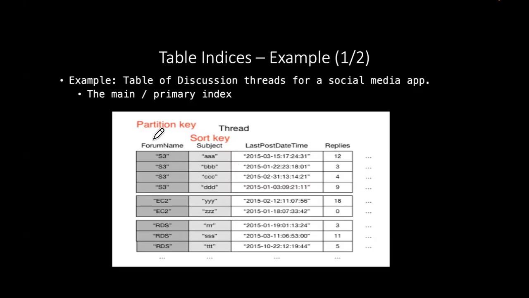So this is, let's call it, the main index. The partition key is forum name. That looks like it's the name of an AWS service, actually, so they would be unique. And the sort key is the subject of the thread.